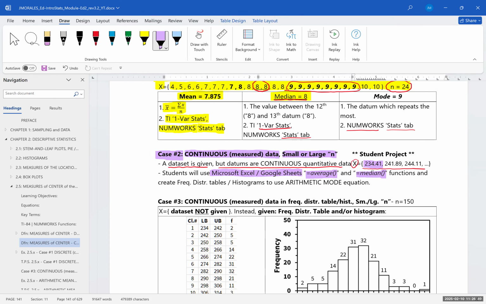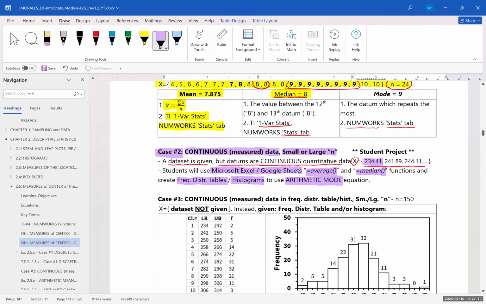So instead, you're going to be creating frequency distribution tables or histograms of your data, and you're going to use a formula for the arithmetic mode. The equation for the arithmetic mode is what you're going to be using to calculate the mode of continuous data. And I'll get into an example of that.